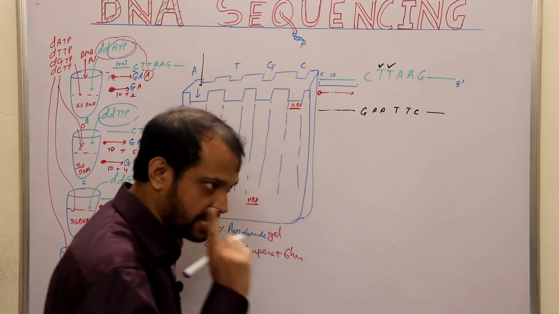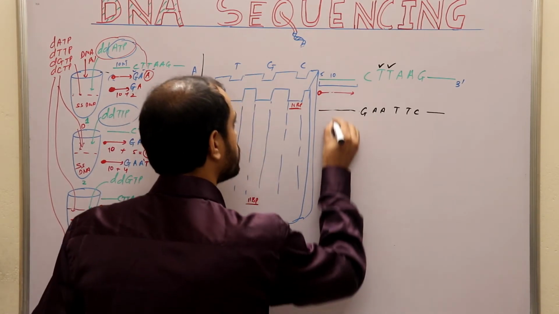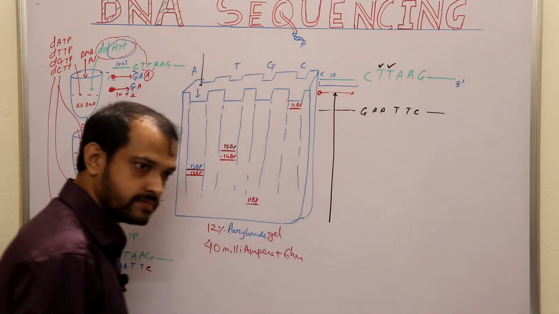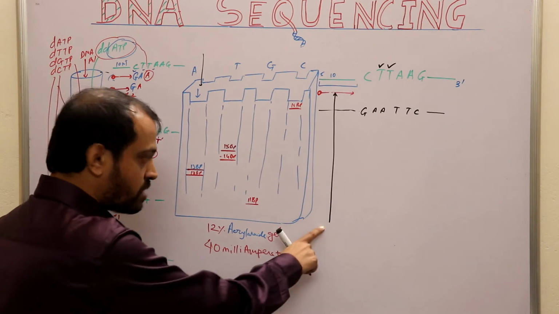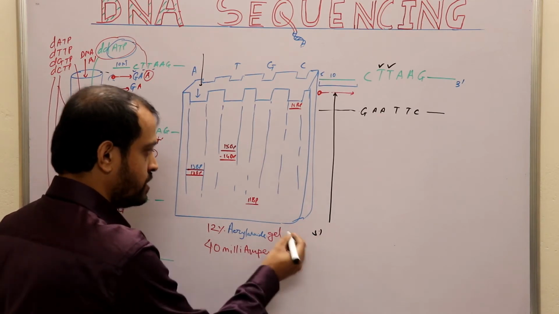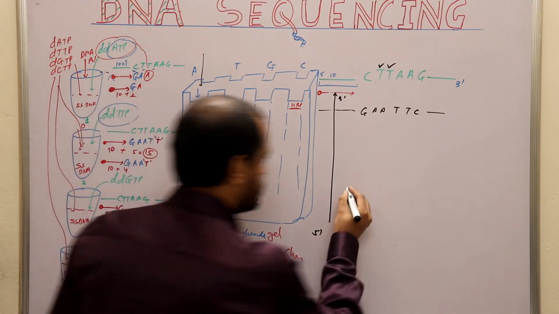In Sanger sequencing or dideoxy sequencing, always read from top to bottom. The lowermost portion represents 5 prime. Uppermost portion represents 3 prime. Now listen, draw this.